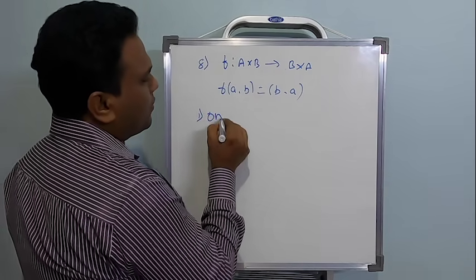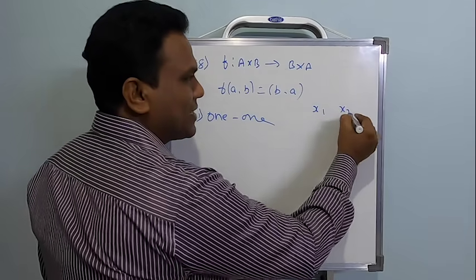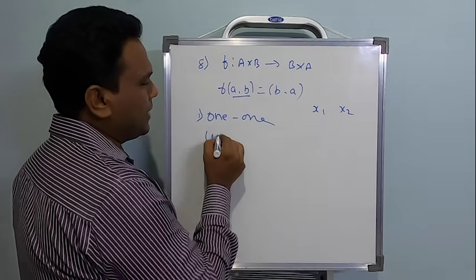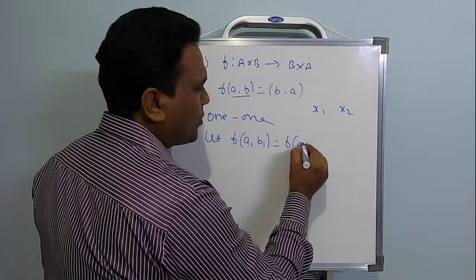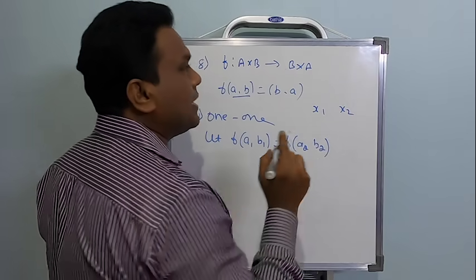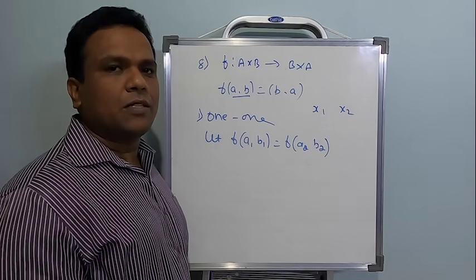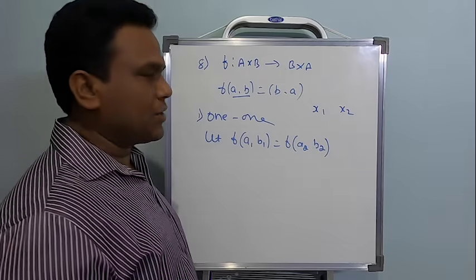So to check for 1-1, see here you should not consider x1 and x2. Here one element is one ordered pair. So what should I consider? Let me consider f of (a1, b1) is equal to f of (a2, b2). This is the only problem of this kind where an ordered pair is involved to discuss the bijective condition.